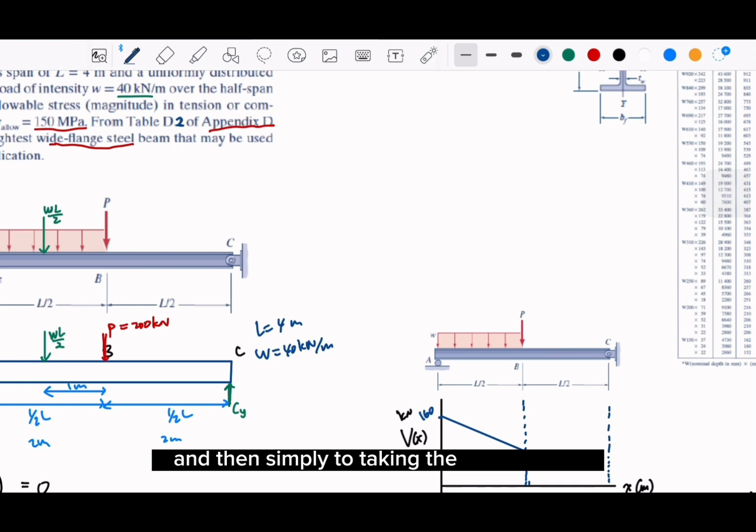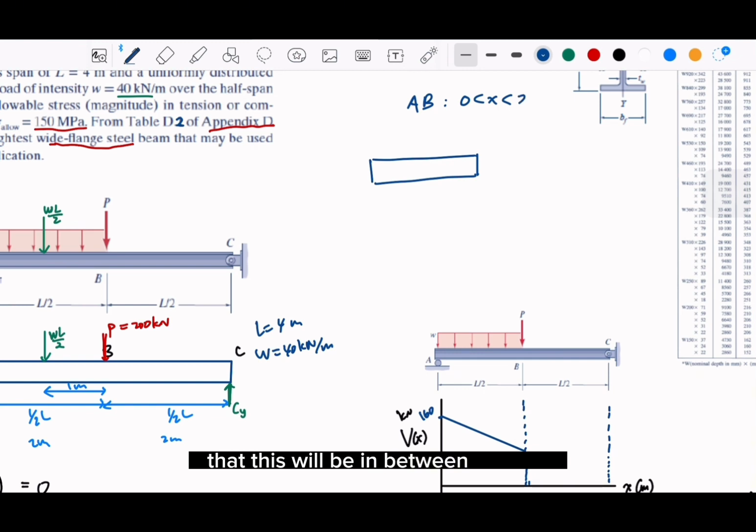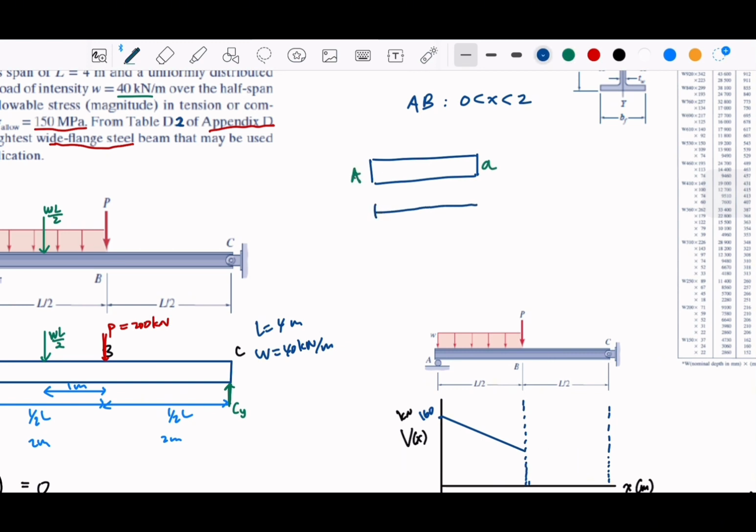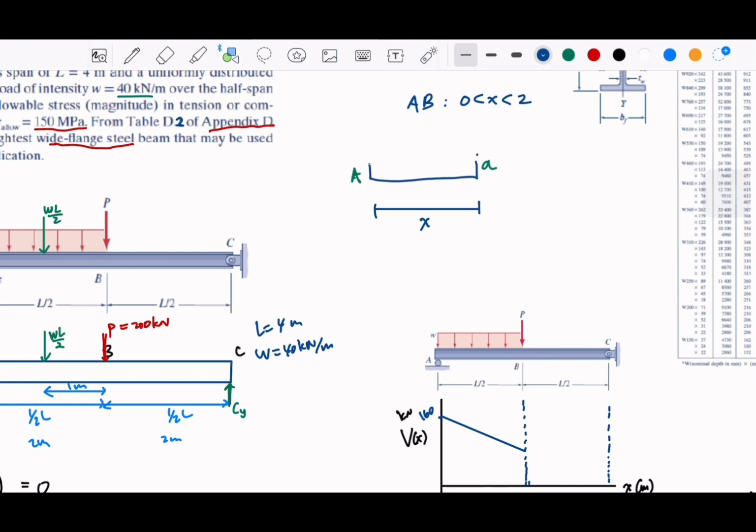And then simply taking the segment AB, in which we are going to define that this will be between 0 and 2. And then we name this small a. This is X. Let me make a better beam. Okay, and then this will be A and then A, right?